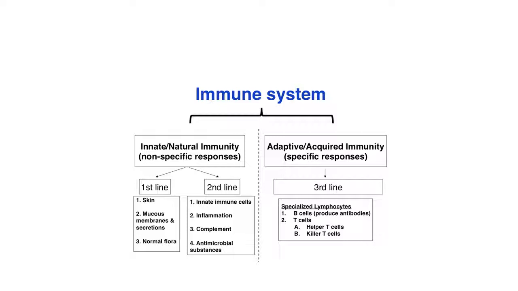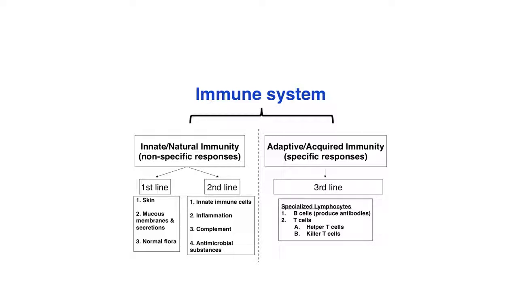Then there are innate immune cells like macrophages, or the so-called natural killer cells and others. And there is inflammation. It's a reaction to an intruder, a non-specific reaction. Then there is complement. It's a mixture of proteins in the blood. And there are microbicidal or antimicrobial substances.